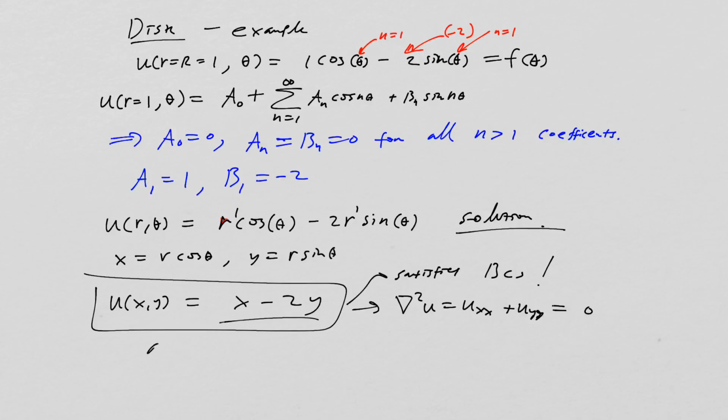Well, of course it does. Any plane equation solves Laplace's equation, because for any first power of x, when you take its second derivative, all you're going to get is 0 minus 0, which is equal to 0. So yes, it does in fact solve Laplace's equation. Any plane will solve Laplace's equation.